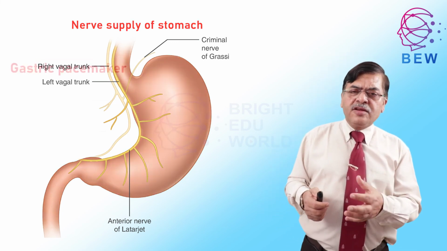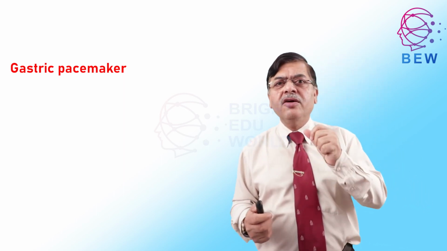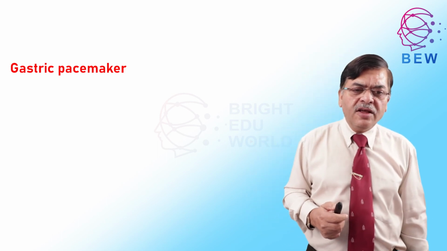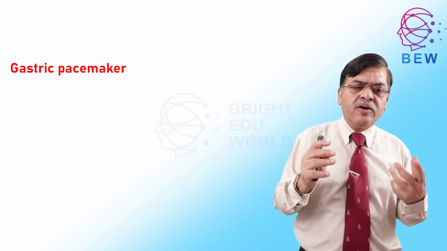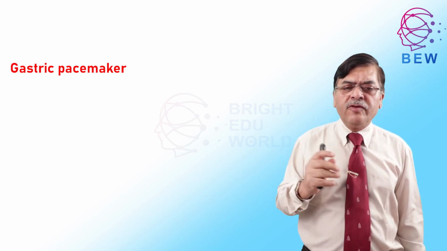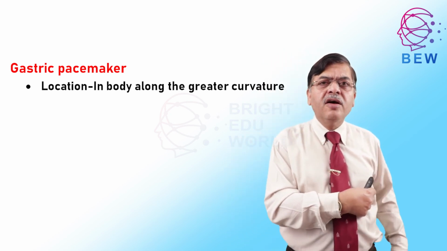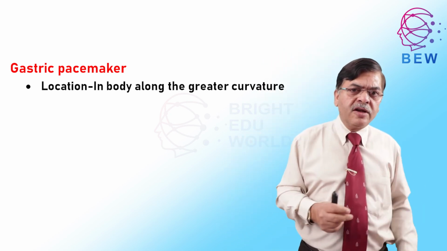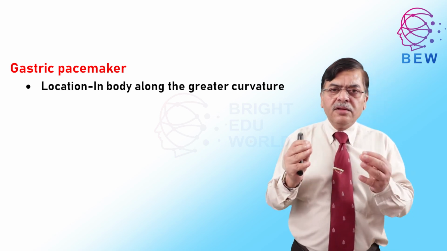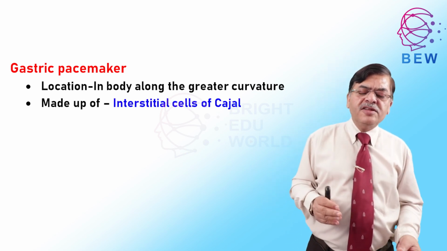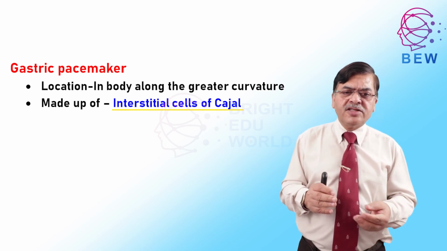The stomach has got a pacemaker from where the main motility or the contraction of the stomach starts. Where is this pacemaker? There is no special structure, if you start looking for the pacemaker, you will probably not find it. But scientists who have been working on the stomach found that it is located somewhere in the body of the stomach, which I showed you in that initial picture, near the greater curvature. And this pacemaker is made of interstitial cells, which have been named interstitial cells of Kajal.